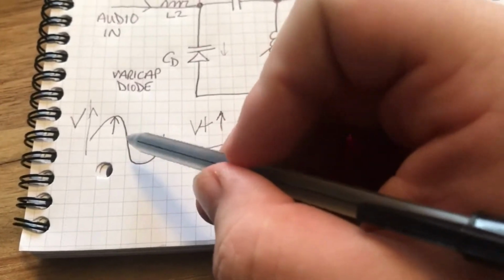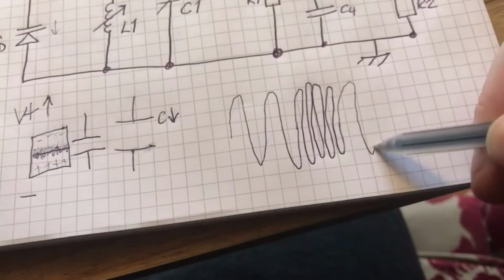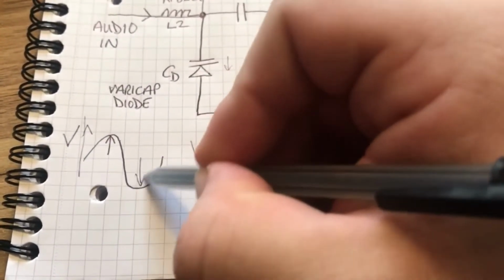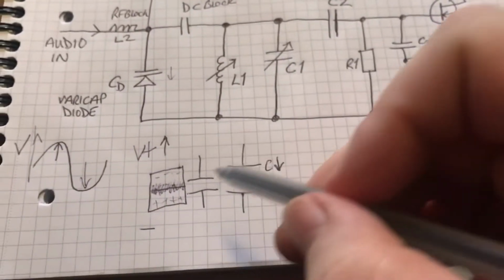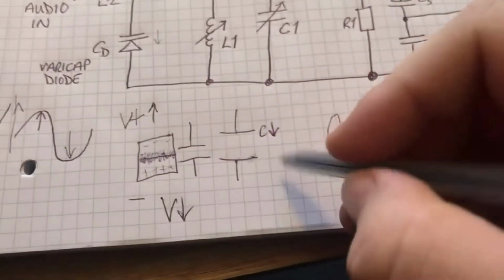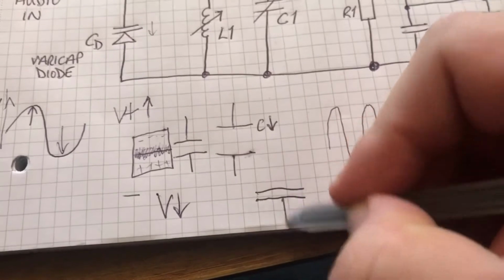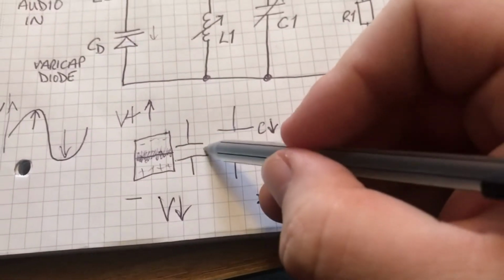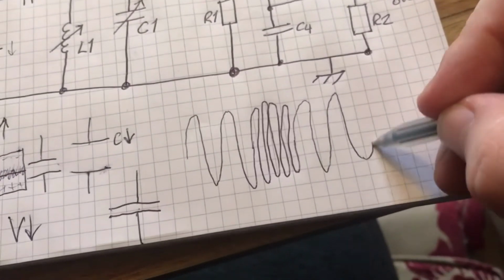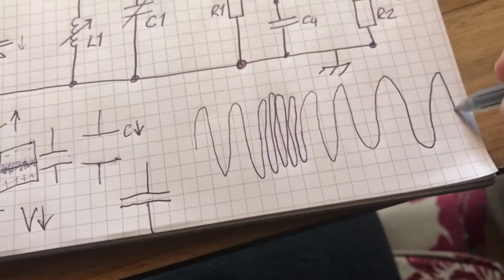It's then going to come back down to normal, so we go back to this regular spacing. And as we go negative, the opposite's going to happen. As the voltage goes down, we're going to see a narrowing of the gap. So instead of being normal, it's going to get narrow, and this is going to stretch out the frequency.